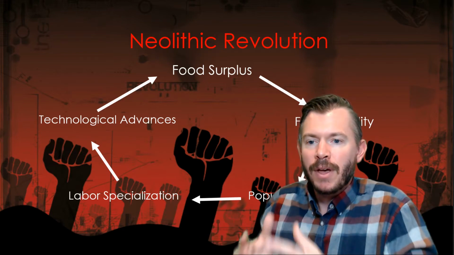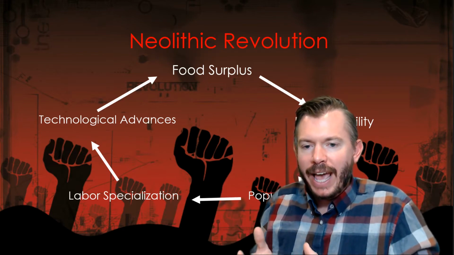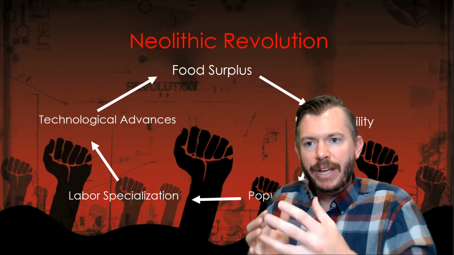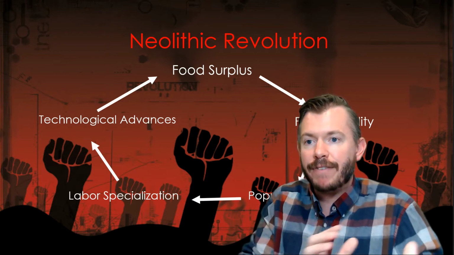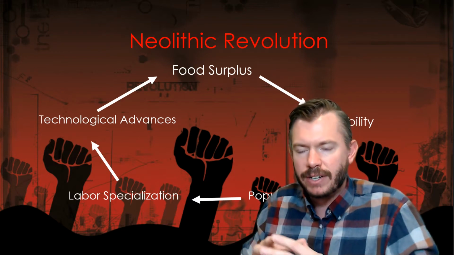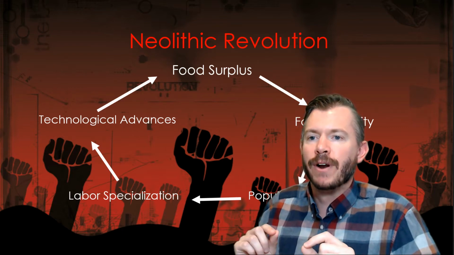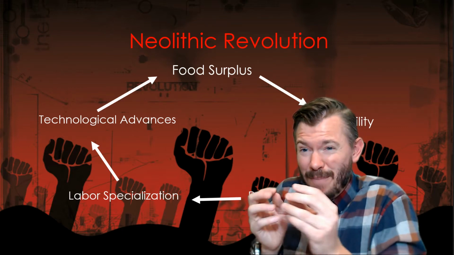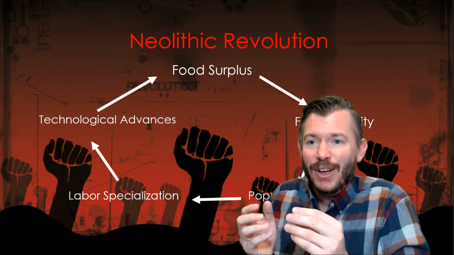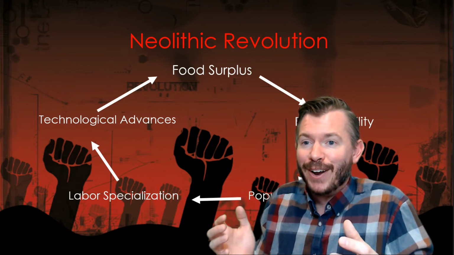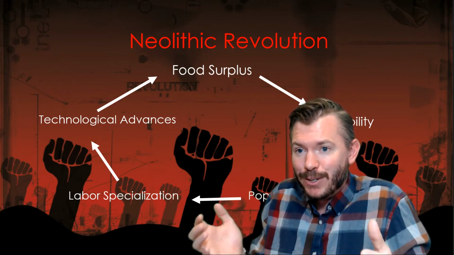Now all of a sudden, you have more people, and because farming goes on a cycle, it takes a lot of effort at some times, less effort at other times. And what this allows for is for some people, just some very, very small fraction of people, to do something other than farm, other than produce food.